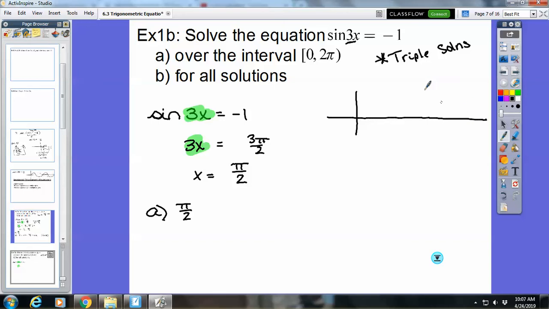But remember what we talked about. Because this is a 3x, my graph of sine is actually going to repeat itself 3 times between 0 and 2 pi. So it's actually hitting that value 3 times. How do I find the other 2 answers?